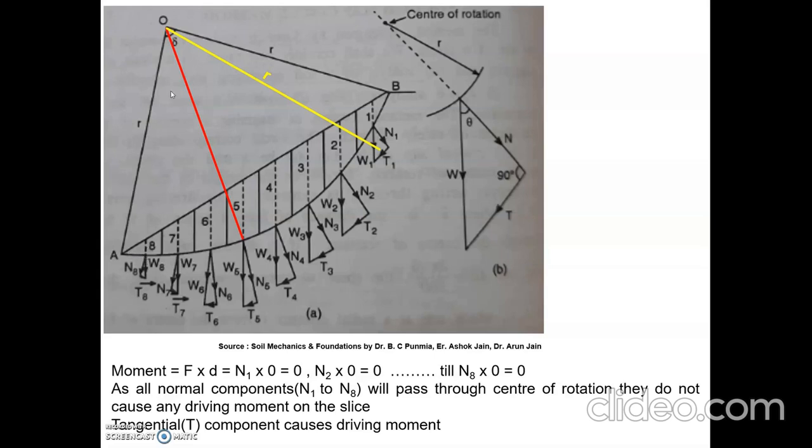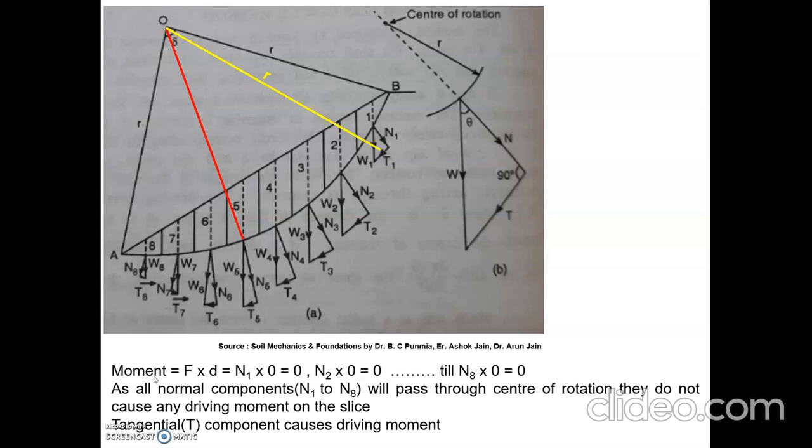Even N8 is passing through center of rotation O. So there is no distance between normal component and center of rotation. So the distance between N, that is force, and point O is equal to 0.